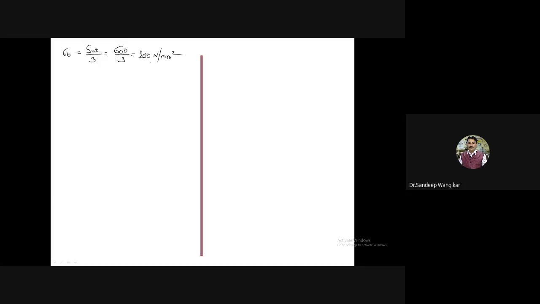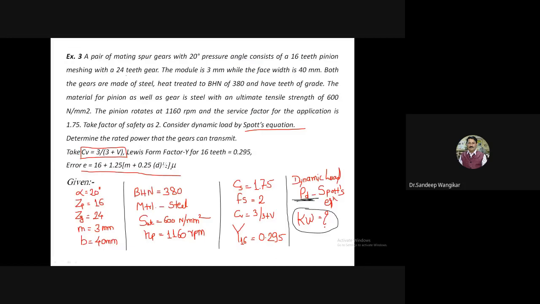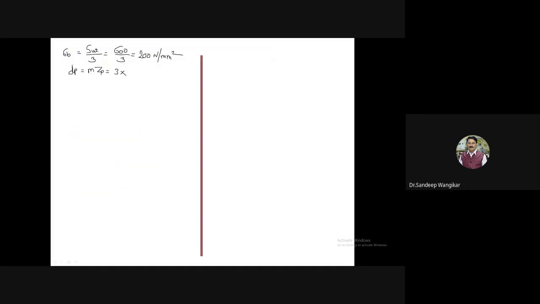If required in the further calculation, dP is equal to M into ZP. Module is given as 3, ZP is 16, ZG is 24. So 3 into 16, you will get a very simple 48 millimeter.